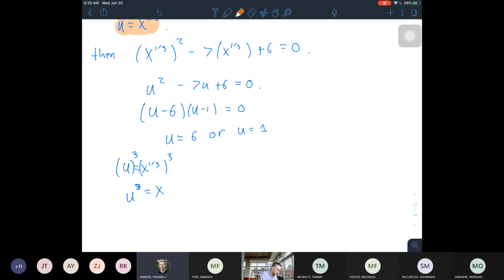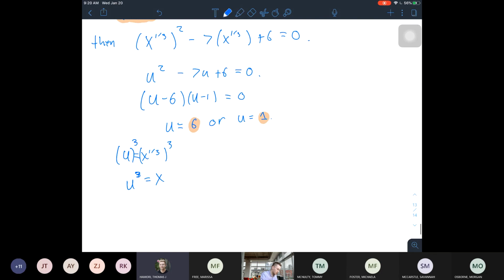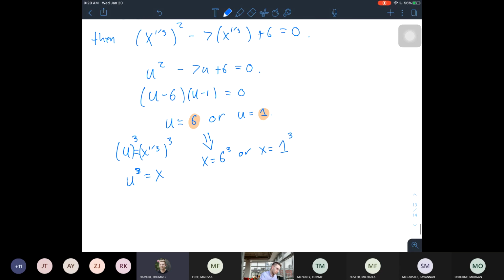And I know that u is equal to 6 or 1, which means that x will be equal to 6 cubed, or x will be equal to 1 cubed, or 216 and 1.